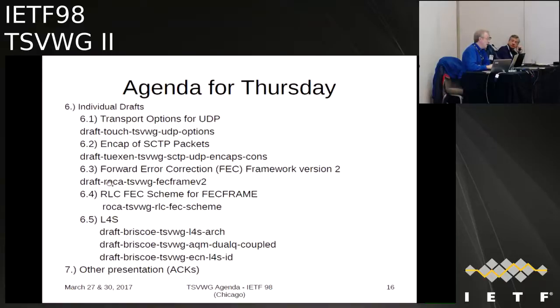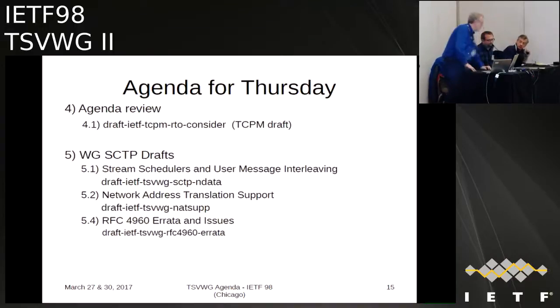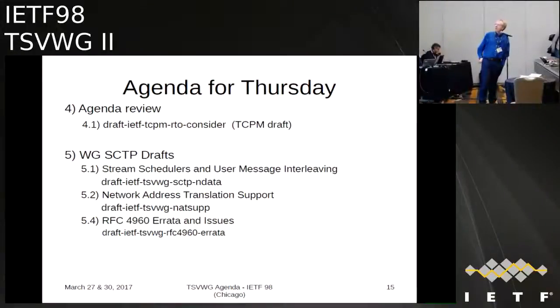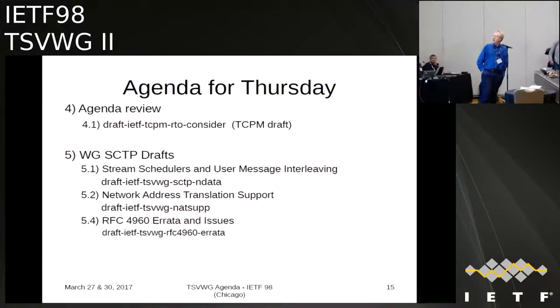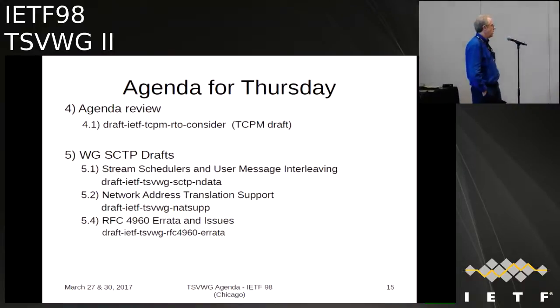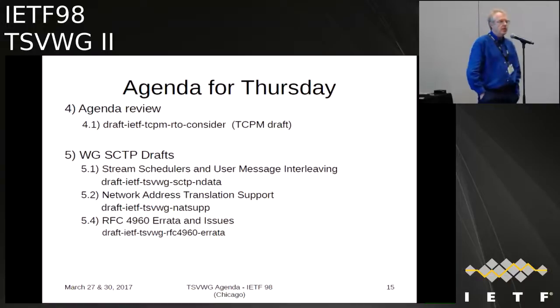So first, back to RTO consider. A very quick word on the RTO consider draft that was discussed in TCPM this week. This draft talks about considerations for adjusting the RTO.